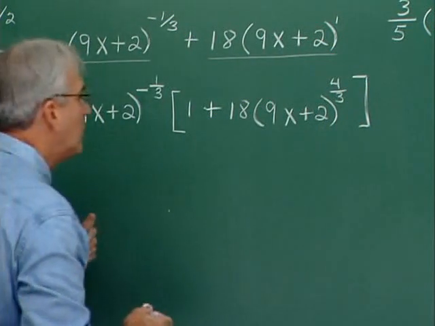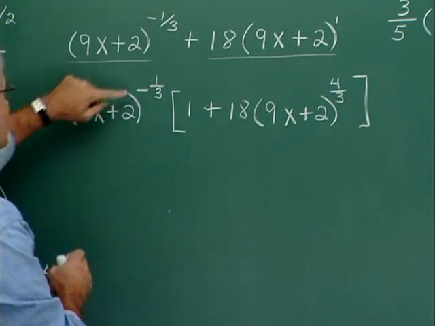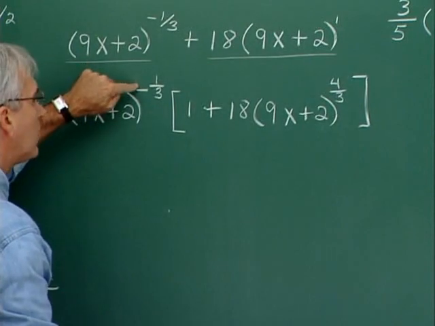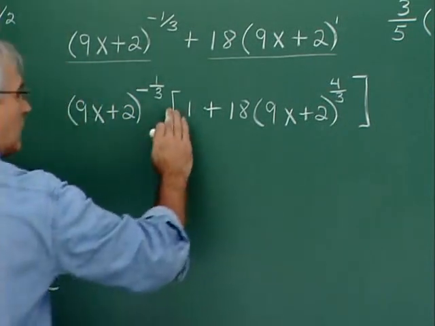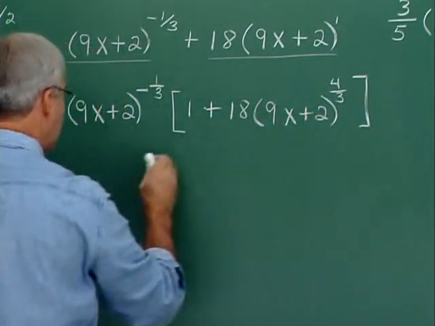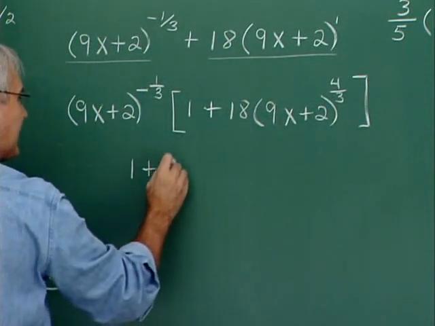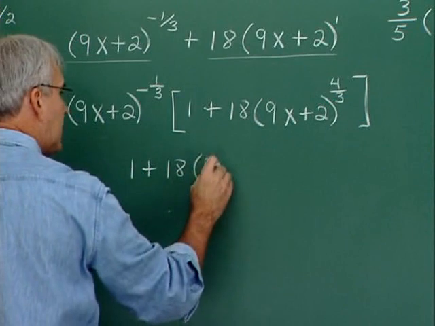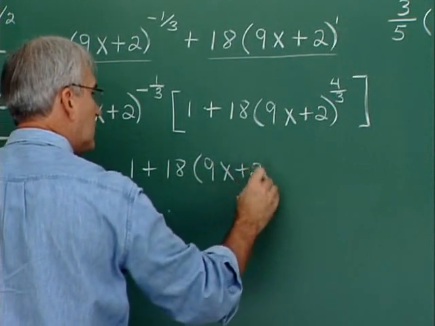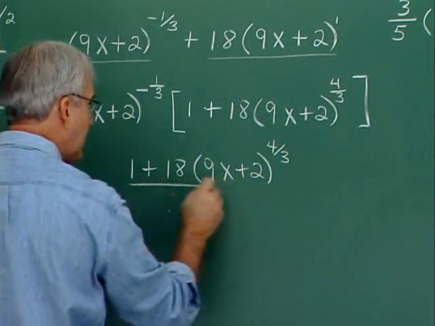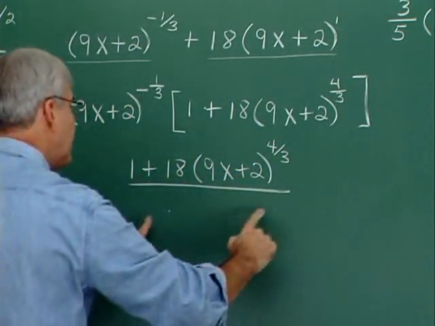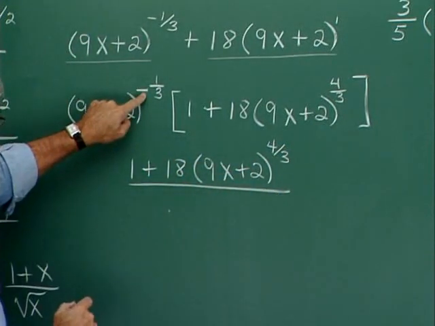And now we can simplify a little bit farther. This negative exponent we probably wouldn't leave here. We would probably kick this down into the denominator and write this as our numerator. So we would have 1 plus 18 times 9x plus 2 to the 4/3 power. And then in the denominator, you see this rascal is just moving downstairs because of the negative exponent.